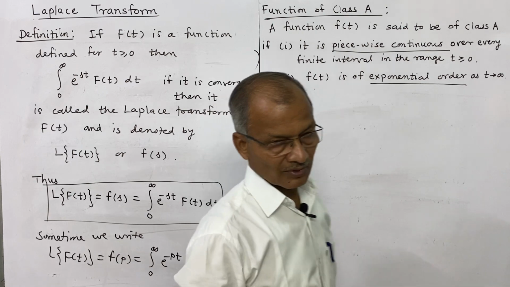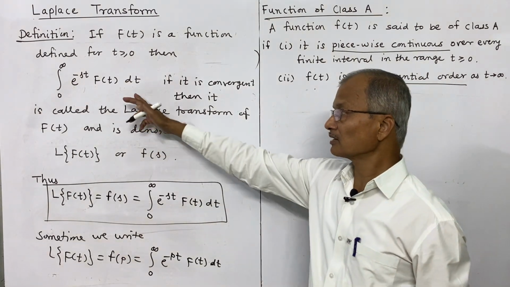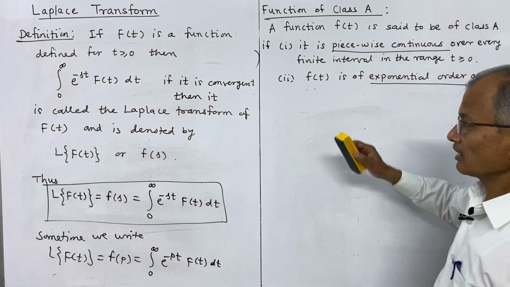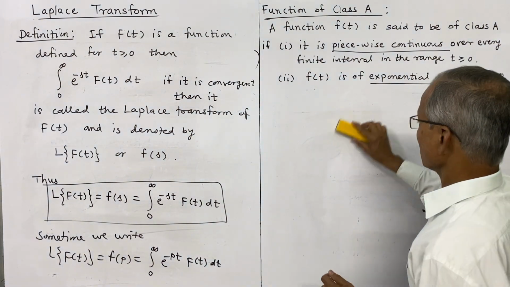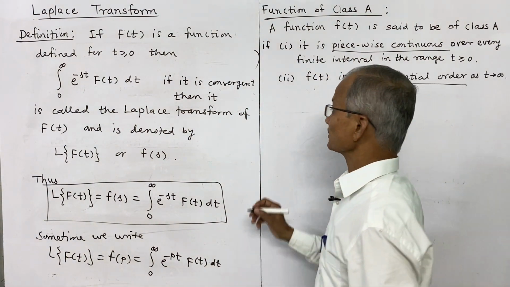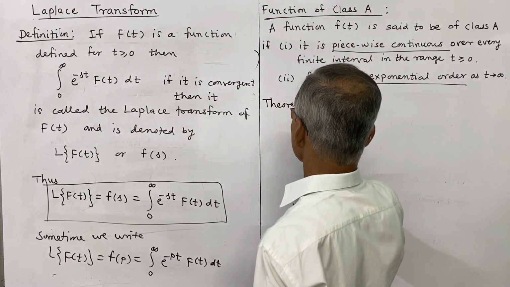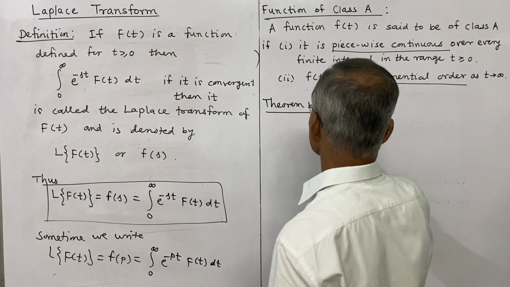So the condition must be that this integral must be convergent or finite, then it is the Laplace transform. Now we will state the condition for existence as Theorem 1, the existence of the Laplace transform.